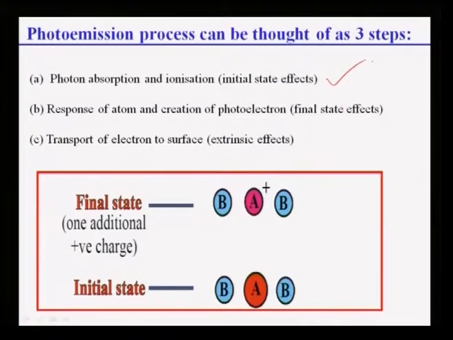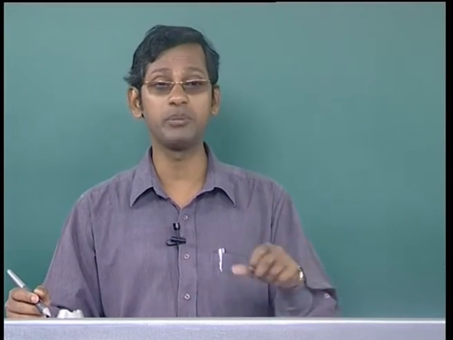The photoelectron comes out with a certain kinetic energy. The third step is transport of these photoelectrons to the surface, and this is the extrinsic effect. It does not depend on the particular atomic species, it depends on the surface layer thickness and many other aspects.